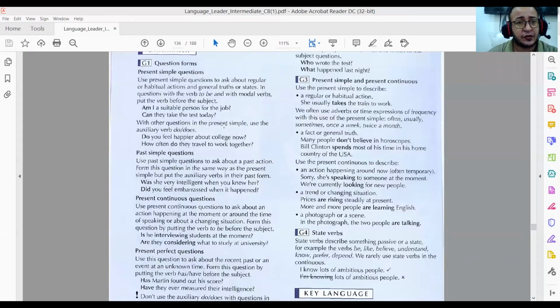Today we are going to take a lecture about how to teach your students, or let's say your candidates, how to make questions. I'm going to share this one from this book, from this curriculum really, about how to make questions. The first thing you do is that you write on the board or you show them on the screen the rule.